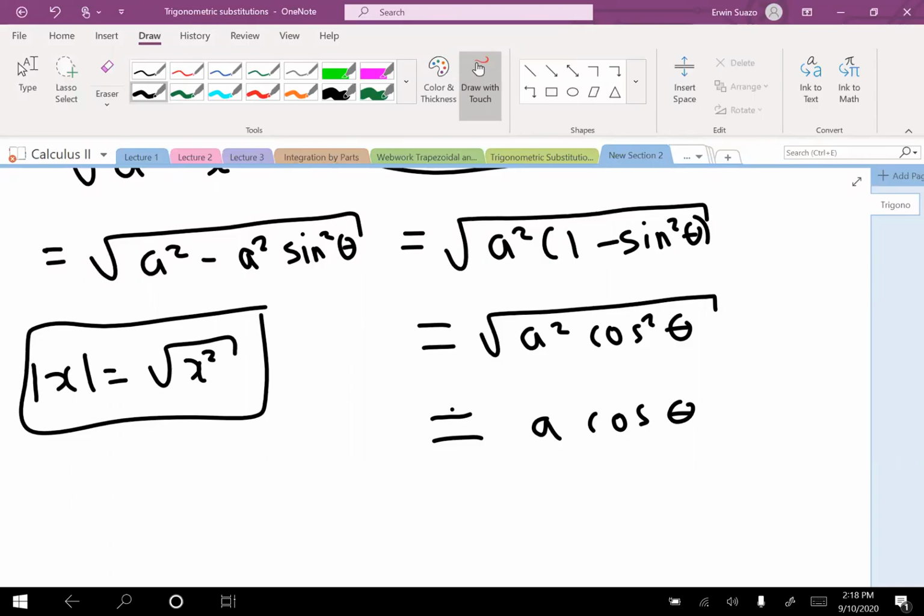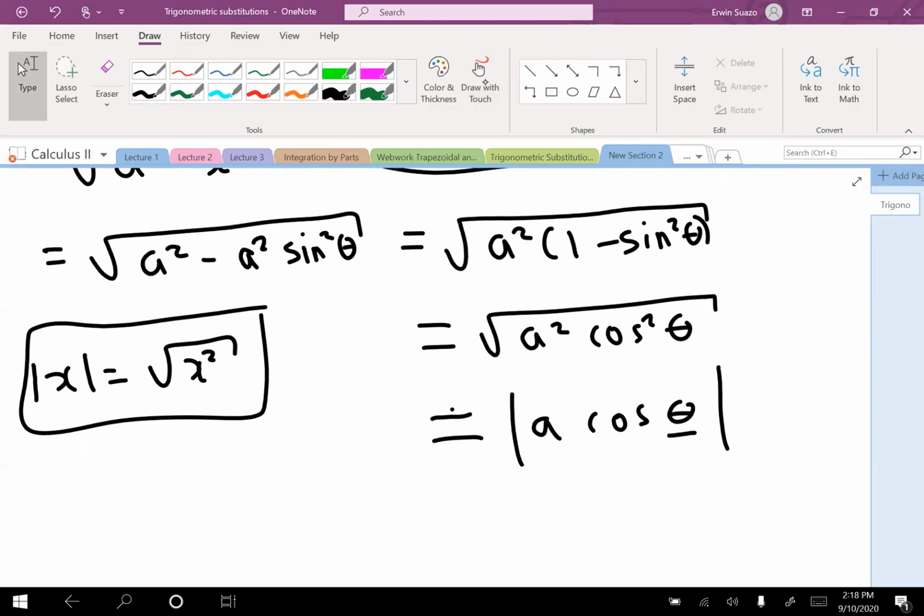So this guy is the absolute value. You will agree with me that you don't want the absolute value, right? So since you don't want the absolute value, we need to restrict the angle to be positive, okay? And look at this.